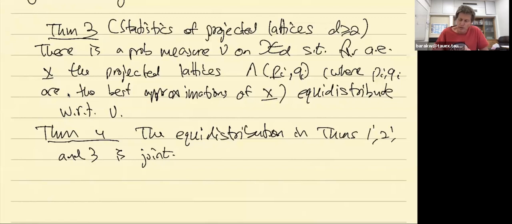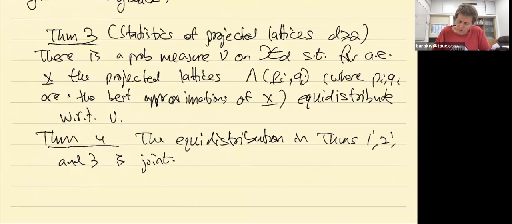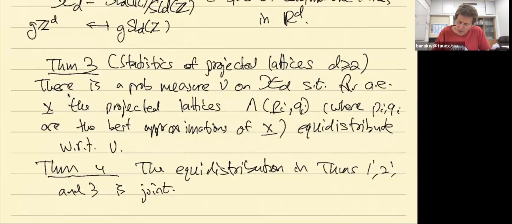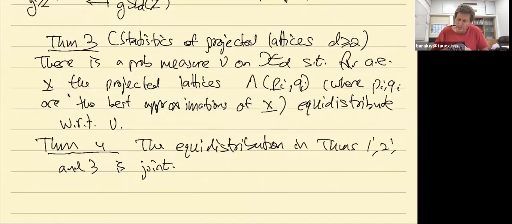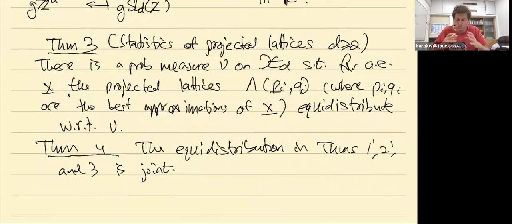This project was influenced by a very beautiful paper of Wolfgang Schmidt. Wolfgang Schmidt proved that projected lattices for primitive vectors also equidistribute with respect to a certain measure, but the primitive vectors that he chose were simply all the primitive vectors in a ball of radius t, and we took the limit as t goes to infinity.